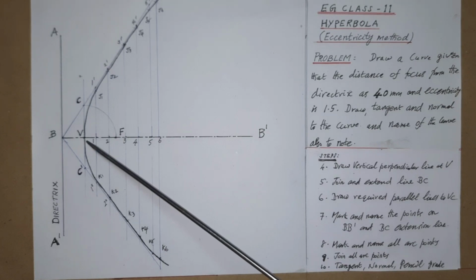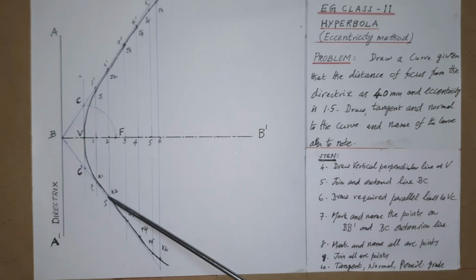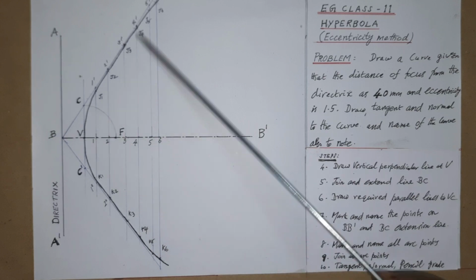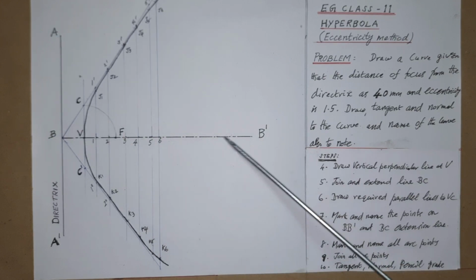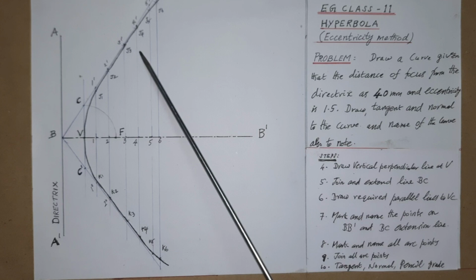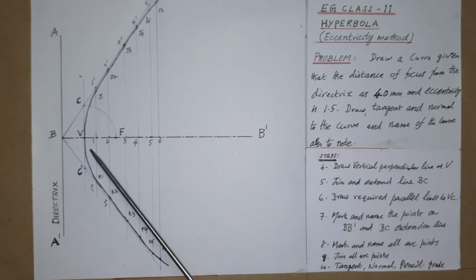Likewise, join below the axis from V to K1, K2, K3, K4, K5, K6, so that a smooth curve throughout the two sides of the axis is obtained as the hyperbola required as per the problem.